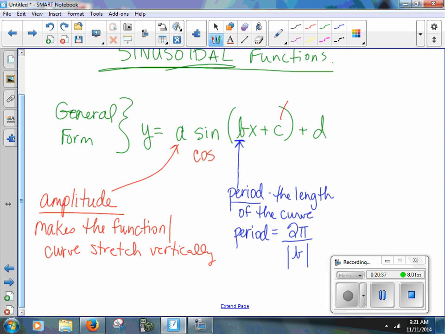The C, no pun intended, the C value is the phase shift. Folks, this is just the horizontal shift. That's the left and right movement of the function. And then the last, D. What do you think that's going to represent? That's a vertical shift.